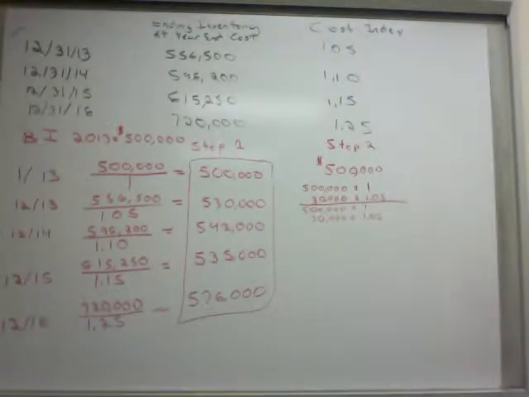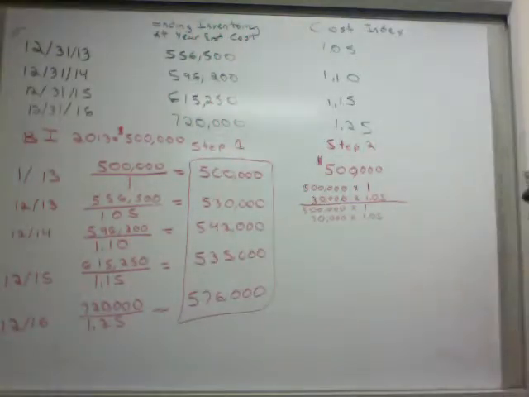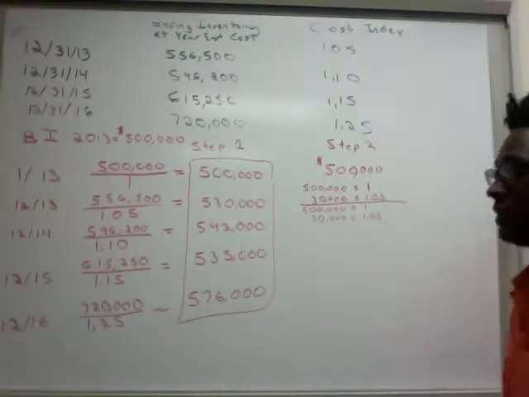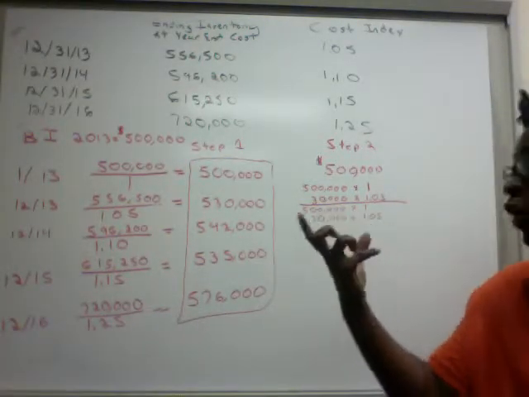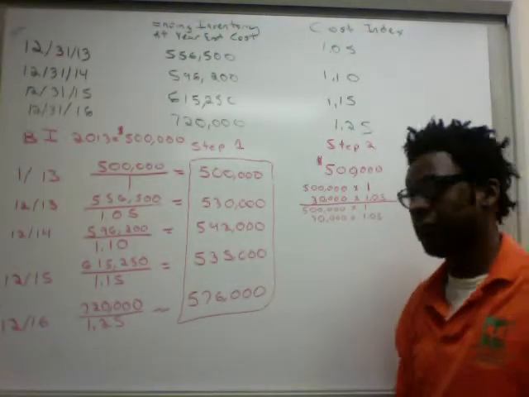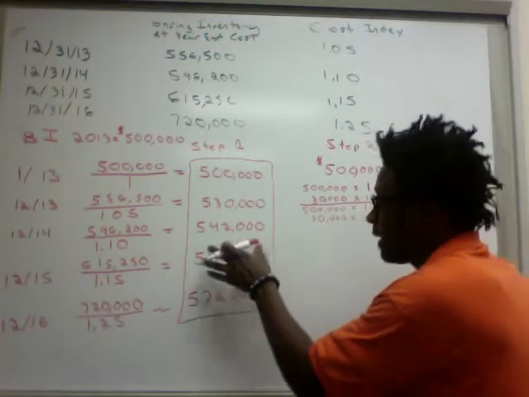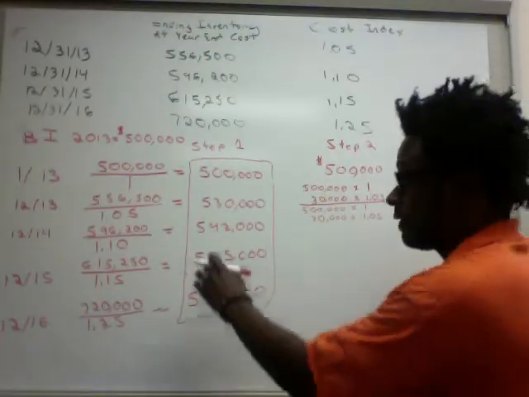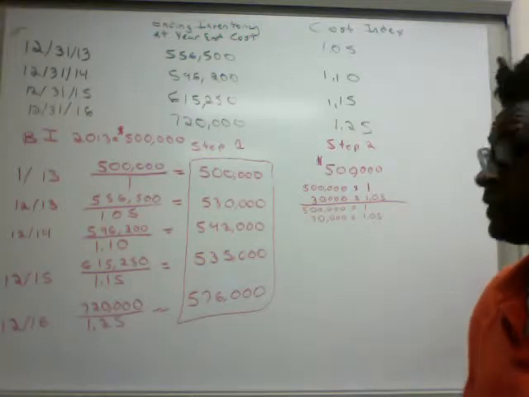But let's notice what happened. Let's observe what's happened from 2013 to 2014. We started out at the end of 2013 with 530,000. By the end of 2014, the value did what? Rose. It went from 530,000 to 542,000. How much did this rise by? It rose by 12,000, right? 542 minus 530 gives you $12,000.